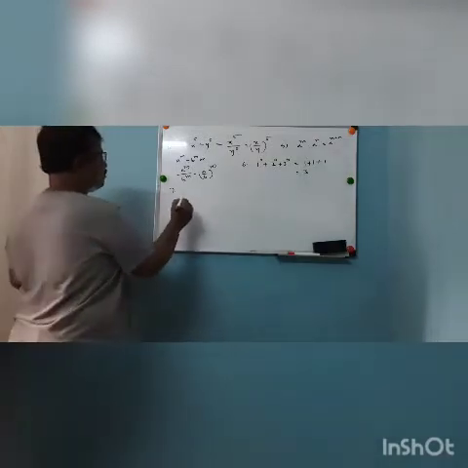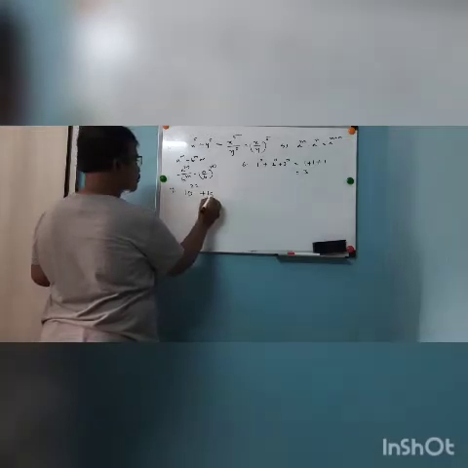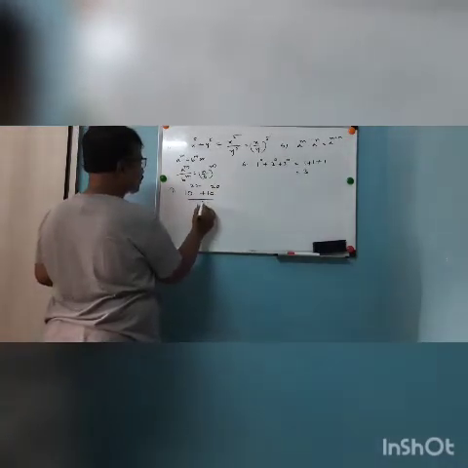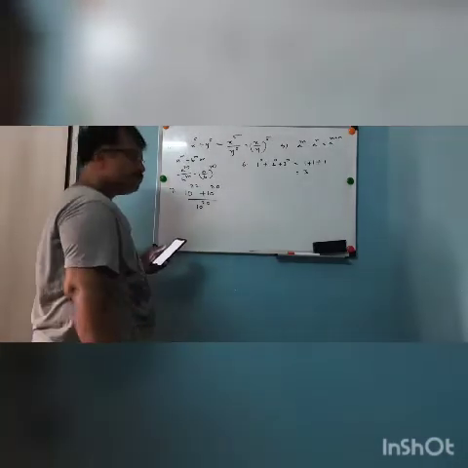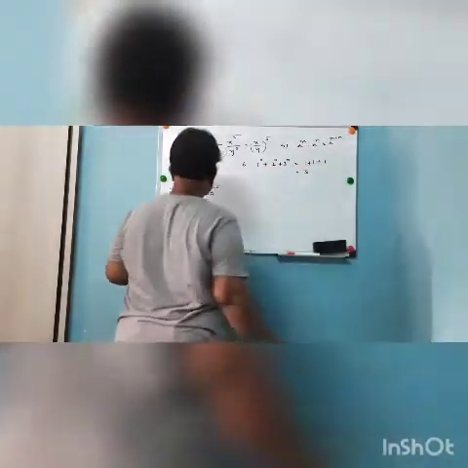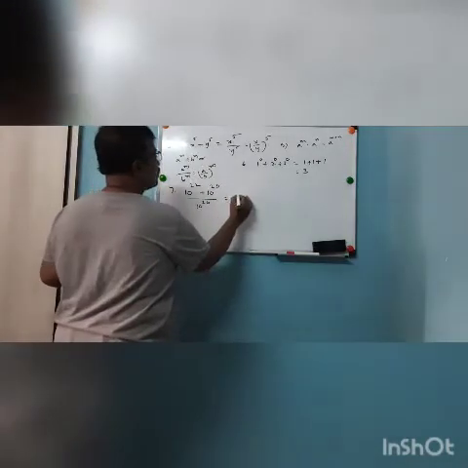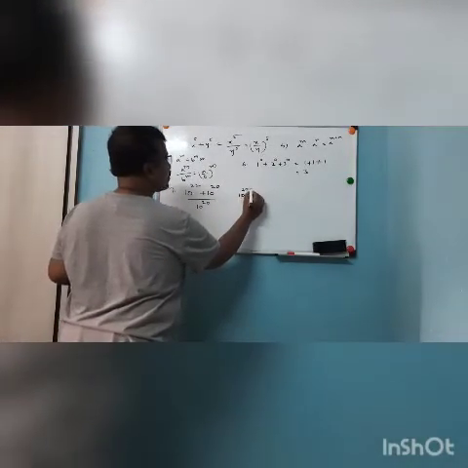Next, seventh. Value of 10 power 22 plus 10 power 20 by 10 power 20 is. Here, as we know, a power m into a power n is equal to a power m plus n. Now, 10 power 22 can be written as 10 power 20 plus 2.